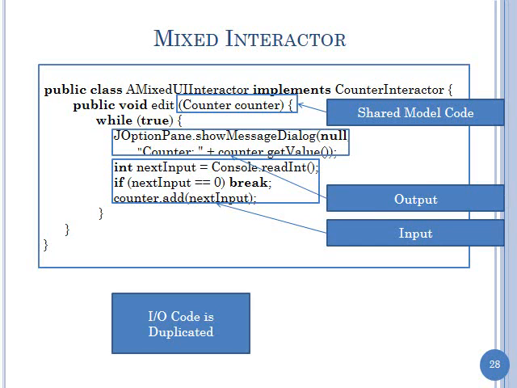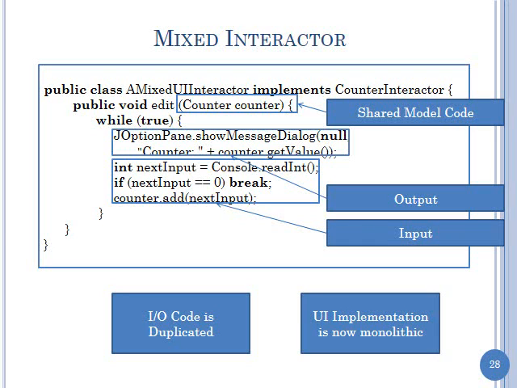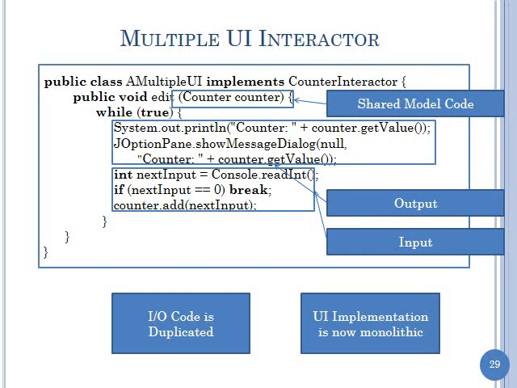And this leads us, and what we see here is that the input-output code is duplicated in the following sense, that our output changed, but our input remained the same as previously. So even though the program is not monolithic, my UI implementation is monolithic because my input and output is a program. And we see here that when you have both of these UIs, again the output changes, but my input remains the same.